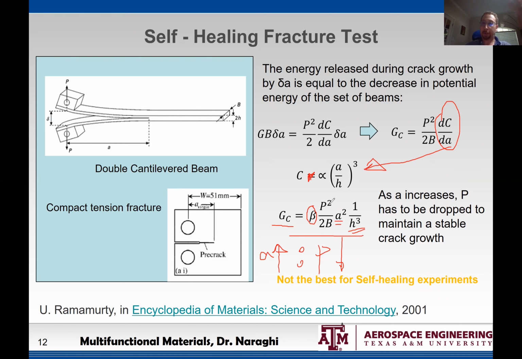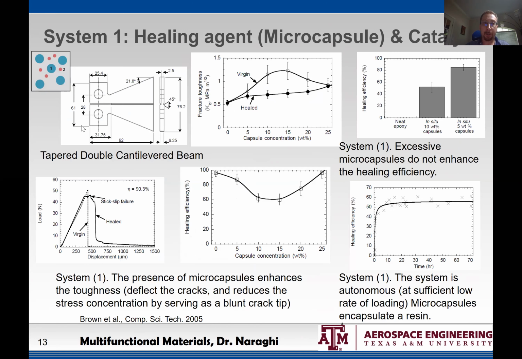Without going into the math, I show you the final answer, which is the tapered double cantilever. In this case, as the crack goes from here to here, the height of the beam also goes up.